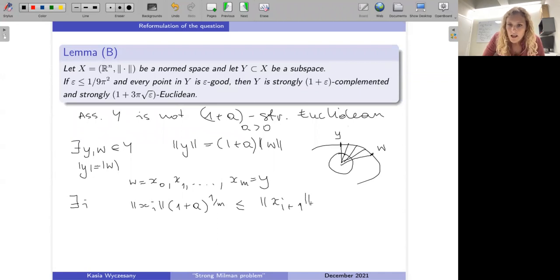Okay. And so I want to say that we can now choose m such that x i plus 1 is a witness for xi being bad, so not good.